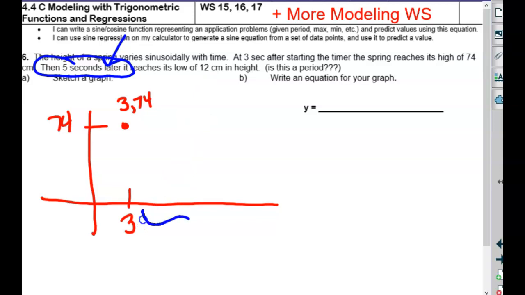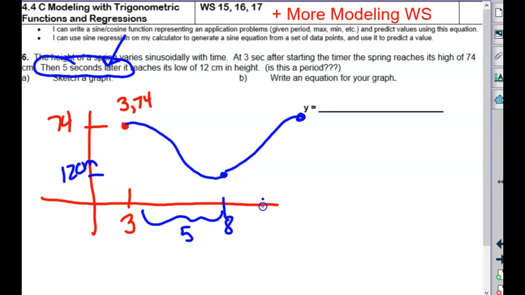5 seconds later is what? At 8 seconds, it's at a low of 12 centimeters. Is that a period? It's half a period, right? I don't care about your graph as much as your equation.